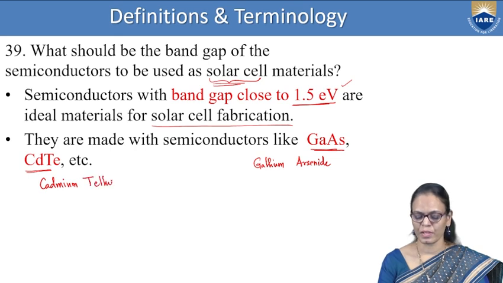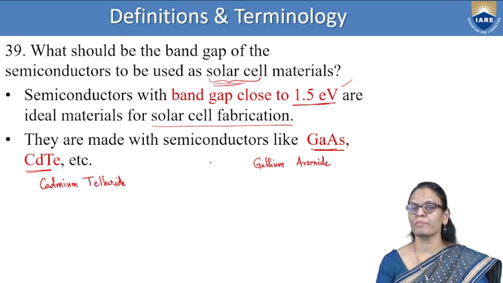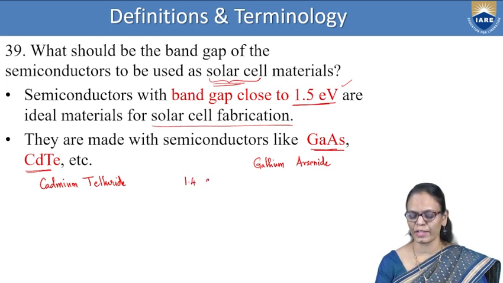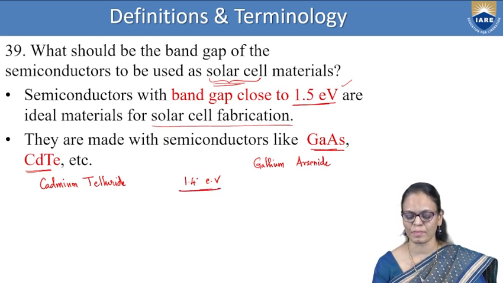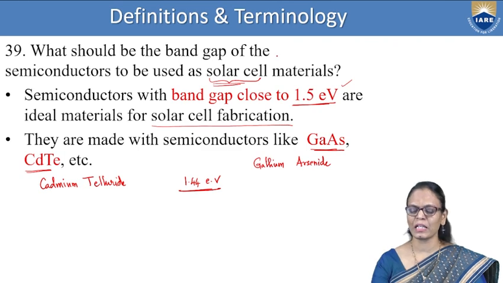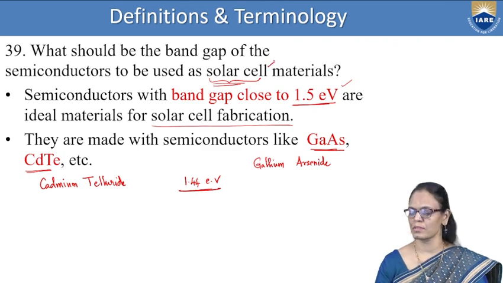Both of them have band gap around 1.4 electron volt, about 1.44 electron volt to be precise. So these are generally preferred materials in solar cells.